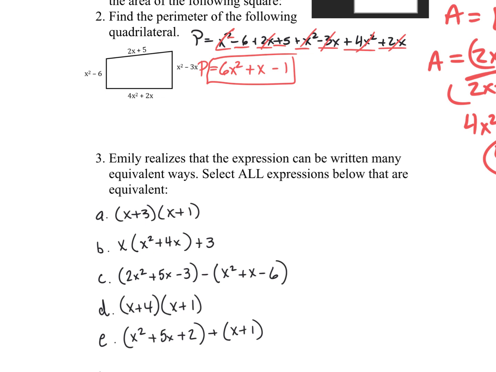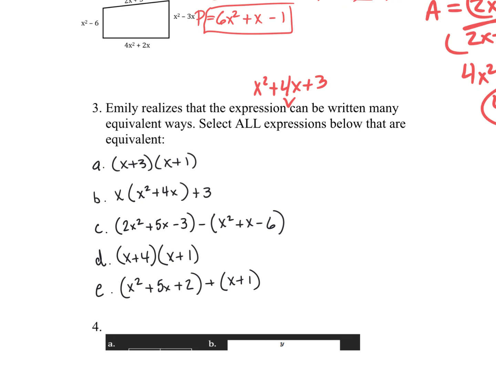And I'm seeing in this that it looks like when I downloaded this, it didn't print correctly. So there should be an expression right here that is x squared plus 4x plus 3. And so I have to find all the equivalent answers, and I'm going to be using all the things that we've been learning in this module.